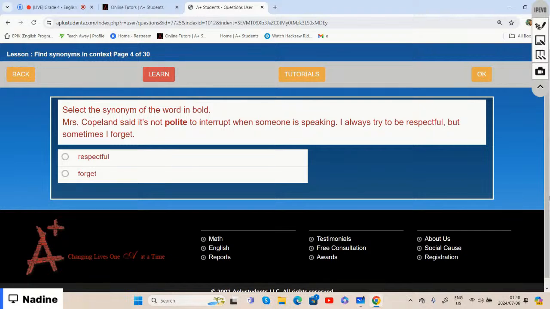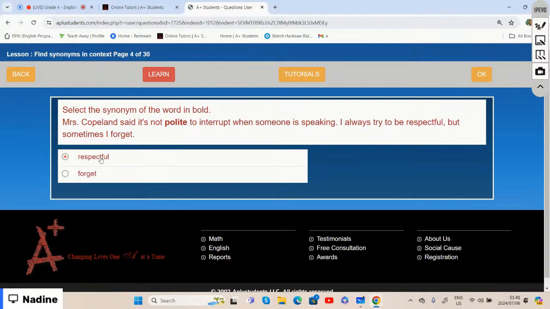So we need to select the synonym of polite, the word that is the same as polite or almost the same as polite.